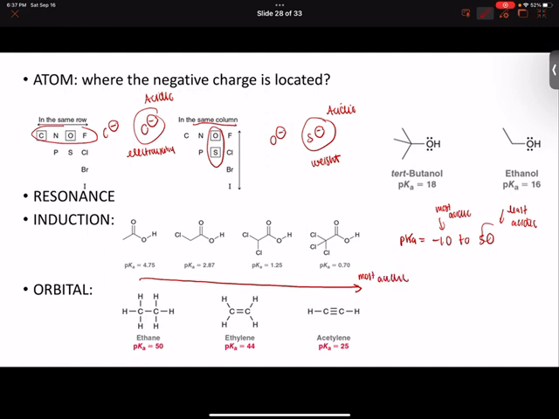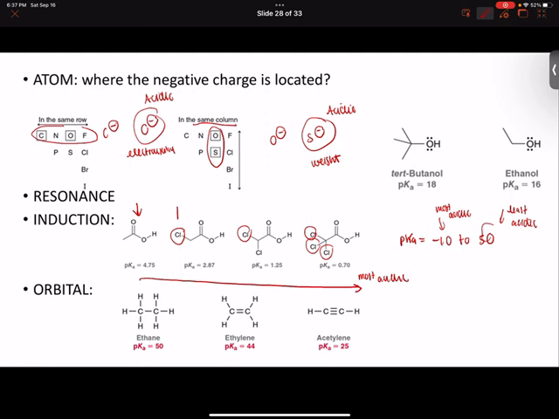So then induction, it means that there's an electronegative atom like chlorine, bromine, iodine, that is just gonna pull away the charge from it, which makes it more stable, which makes it more acidic. So then you can see here, this one doesn't have any induction, so it's less acidic.